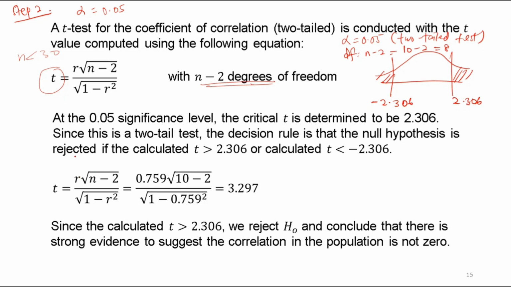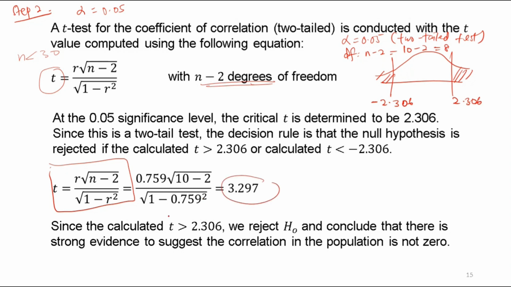Okay, so just substitute the value of R and n in this formula. R value is 0.759, which refers to example 7.1. And then n is 10, 10 minus 2, and then 1 minus 0.759 power of 2.